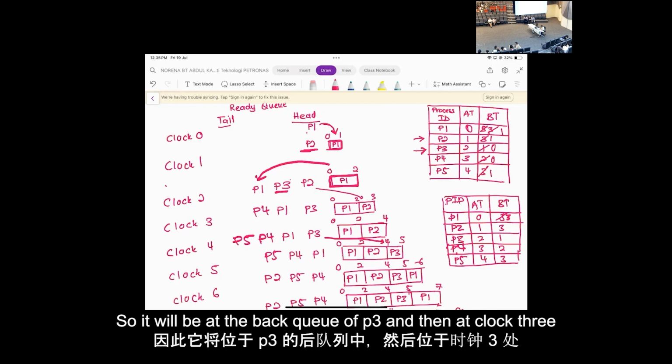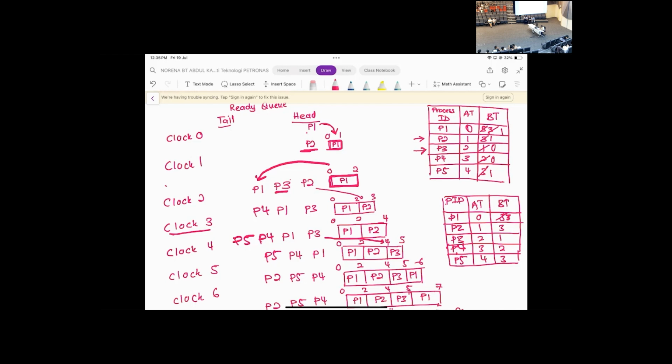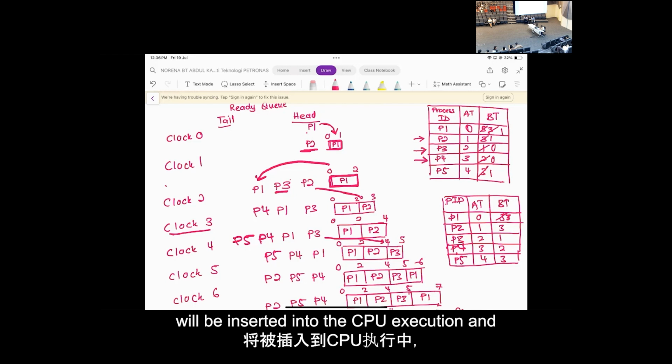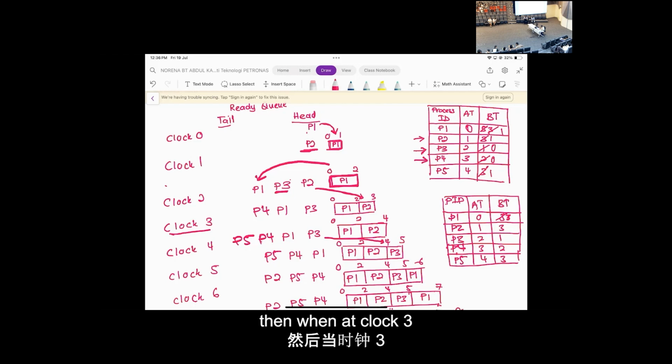And then at clock 3, P4 arrives. At clock 2, P2 will be inserted into the CPU execution. At clock 3, P4 arrives.